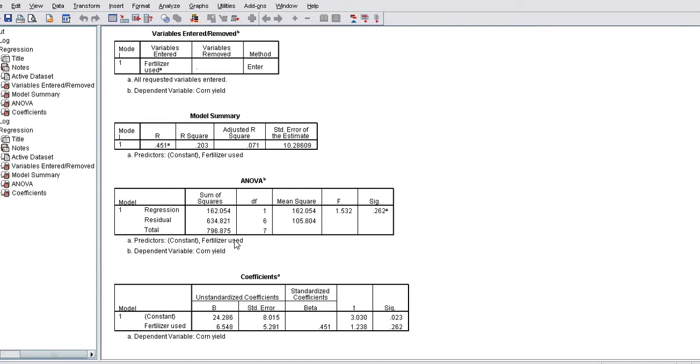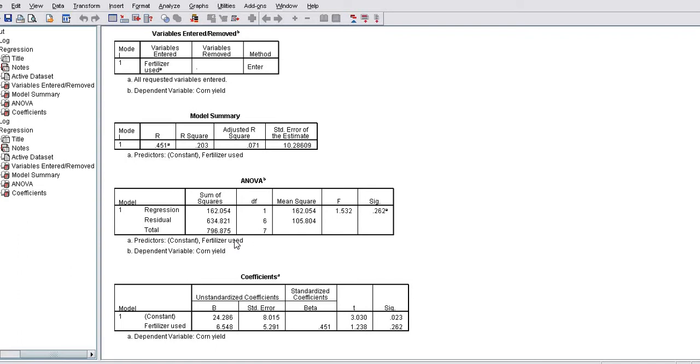The value of the intercept a in the equation y is equal to a plus bx is 24.286. It means when we use no fertilizer, the yield will still be 24.286.